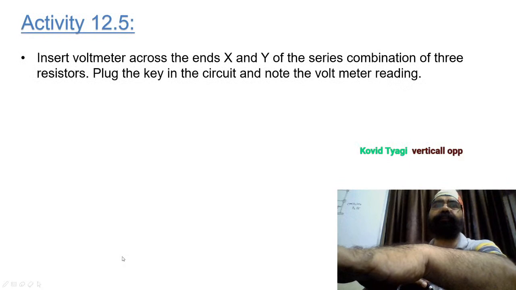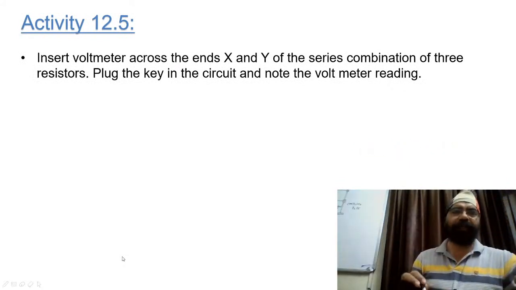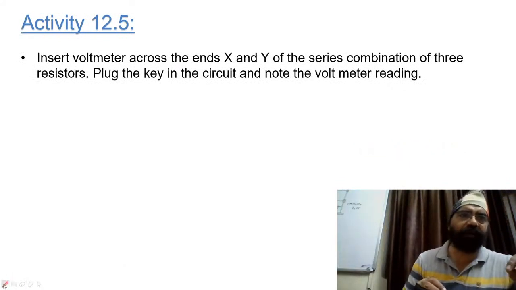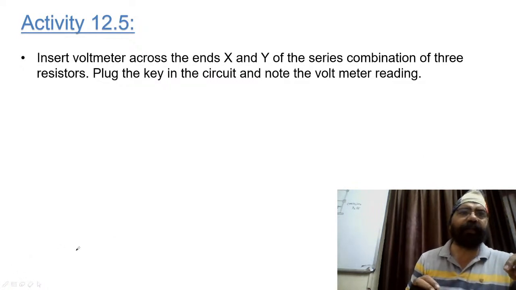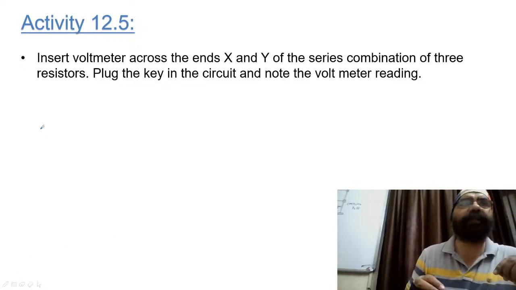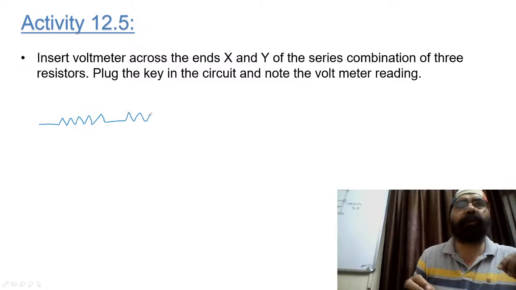Now I take you to one more activity. It is a similar activity, but I do a different thing. This time I take the same resistors. I have 3 resistors: 1, 2, 3.